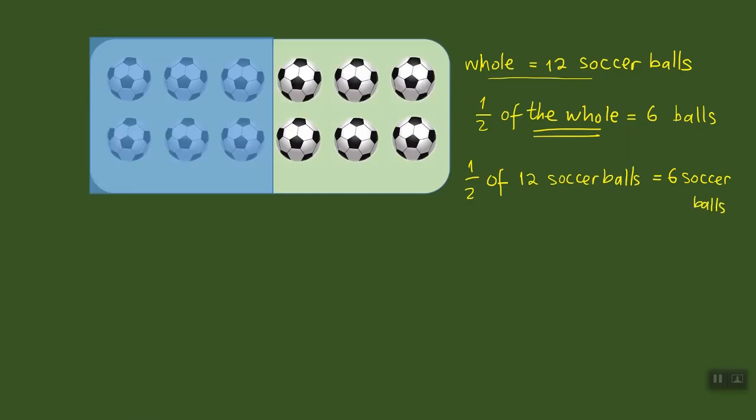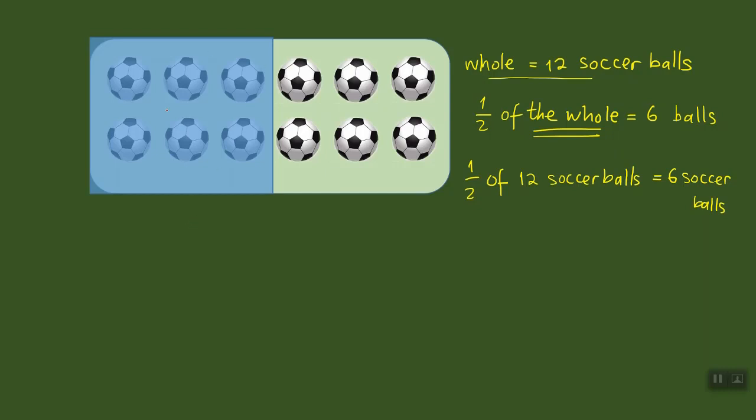Now in this picture, what fraction is covered by the blue layers? Have the answer in your heart? If your answer is a half, then that is correct. So the fraction covered by the blue layers is a half.